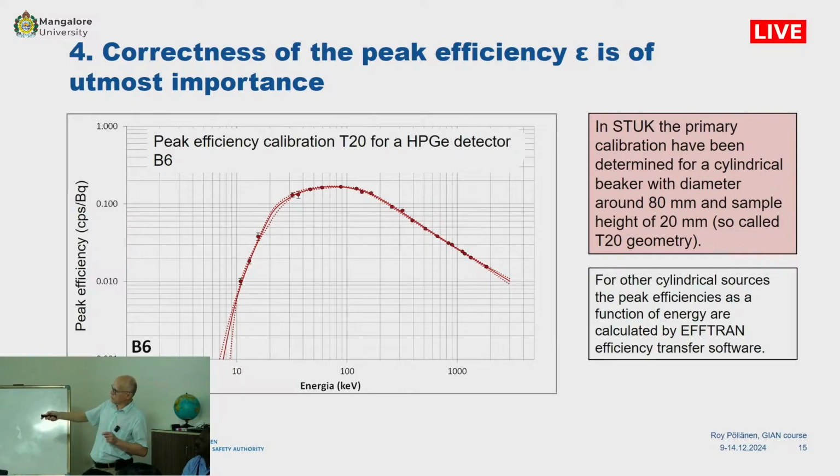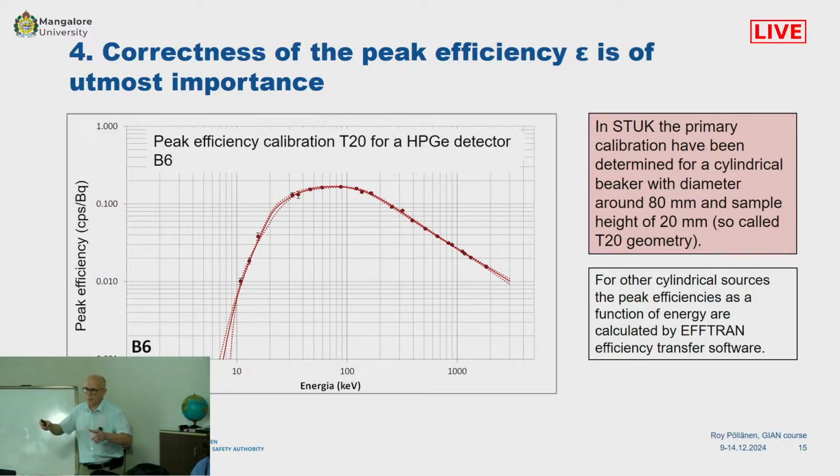So let's assume that the gamma ray energy is 100 kilo electron volts. So what's the efficiency? It is around 0.18 or 0.16 or something like that. It means that if 100 emissions happen, we detect, in this case, 16 or 18 gammas. So the efficiencies are not very big.